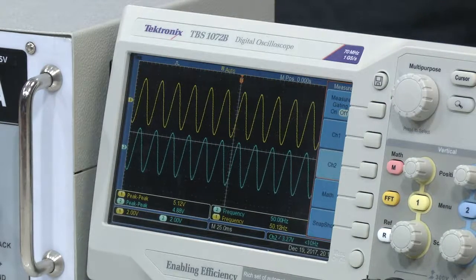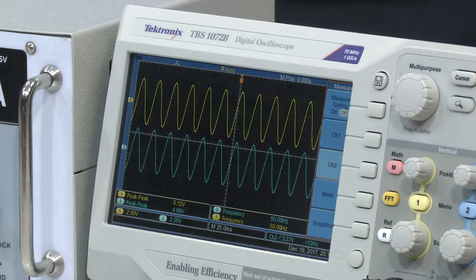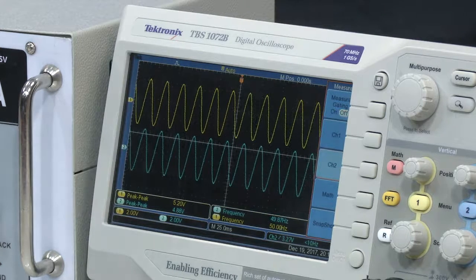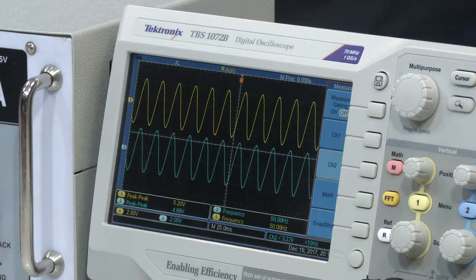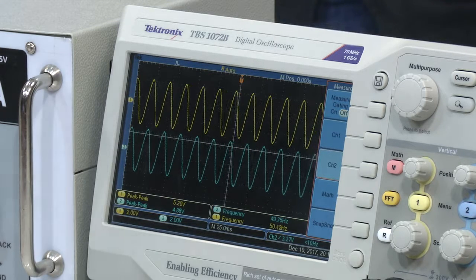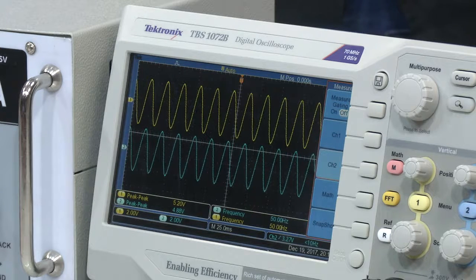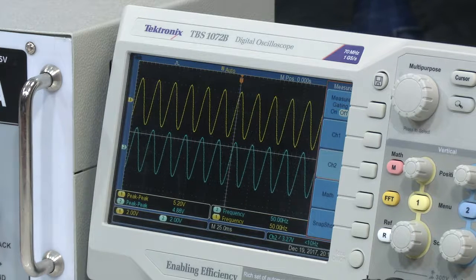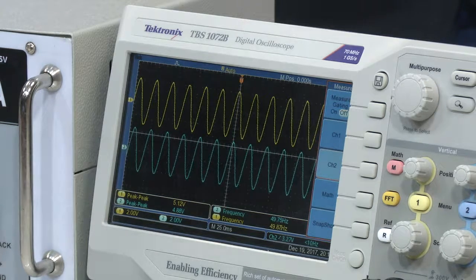So, we can see the frequency 50 hertz, it is allowing 50 hertz to pass. Frequency 1, which is the yellow one, is the frequency from the function generator, and frequency 2 is the output of the passive low pass filter, and you can see that the output is 50 hertz. Now, let us increase the frequency.